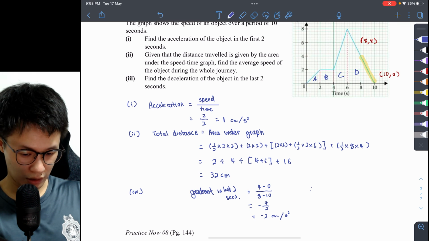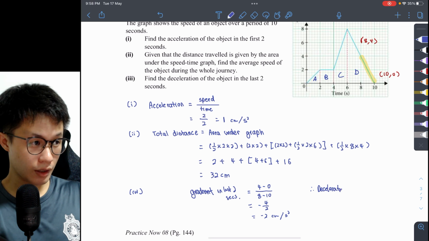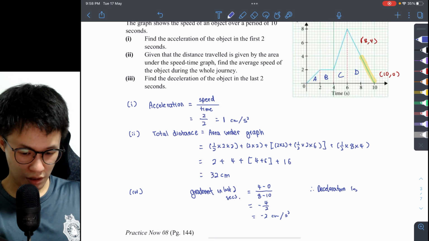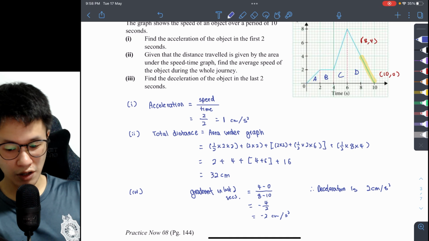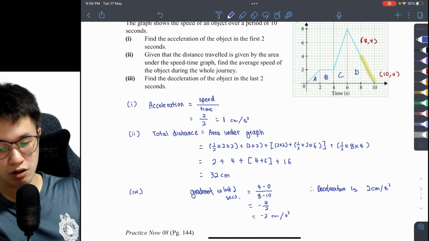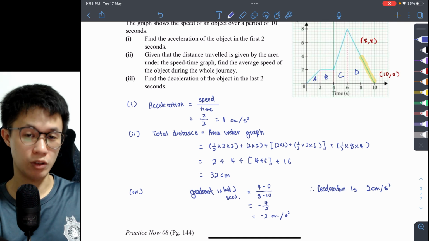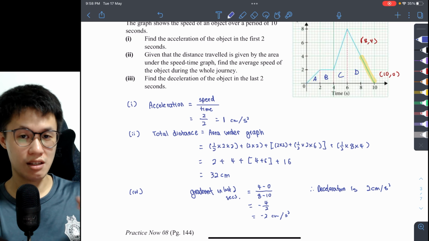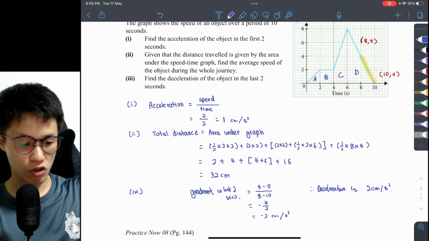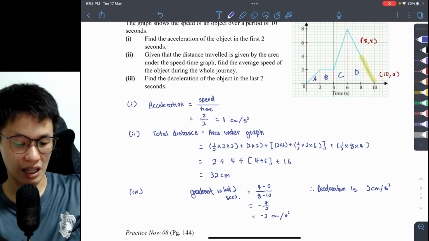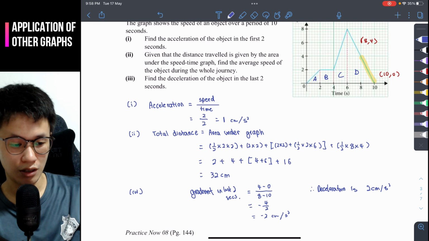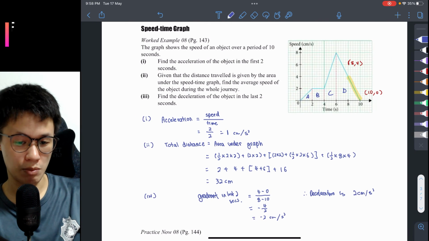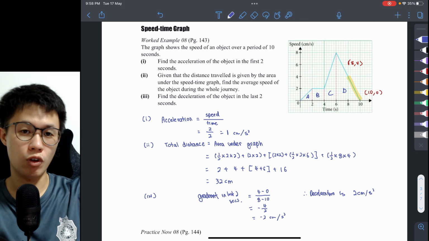Then I will say that the deceleration is positive 2 cm per second squared, because the gradient tells us whether it is slowing down or going faster. That's why it has a negative value. When you convert it into English, it being negative means that it is a deceleration. So something to take note here for speed time graph. That will be all for speed time graph.